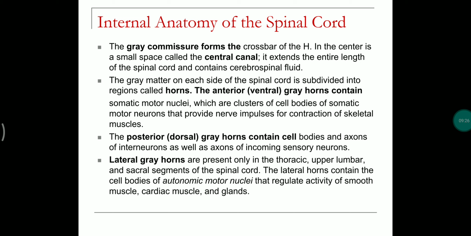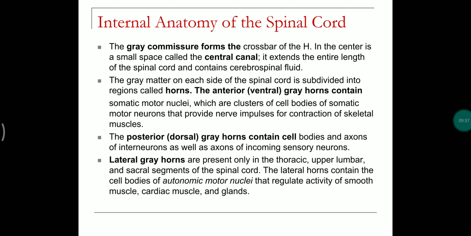The gray matter on each side of the spinal cord is again divided into horns. These horns consist of various nuclei, and they are of three types: anterior or ventral gray horns, posterior or dorsal gray horns, and, sidewise, lateral gray horns.